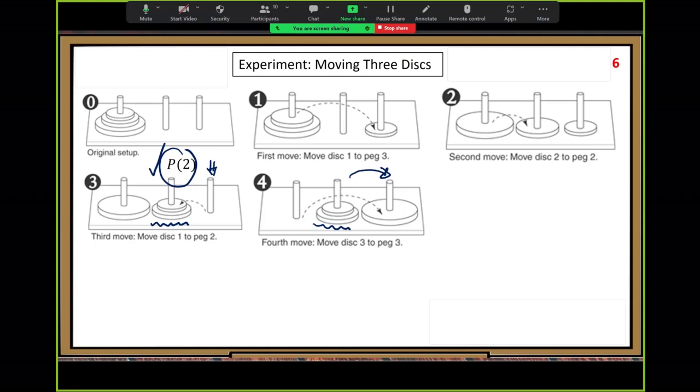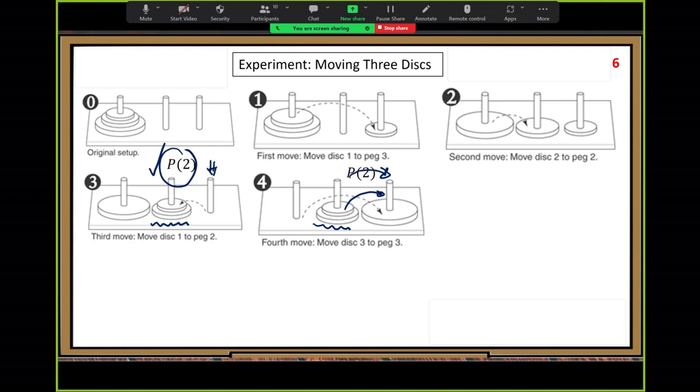But when we do that, can you see we just apply the solution to the problem of size 2 another time to move the 2 disks to the destination peg? That's the solution of P of 2 again. Another P of 2 solution.